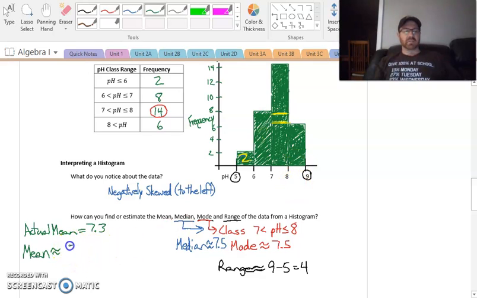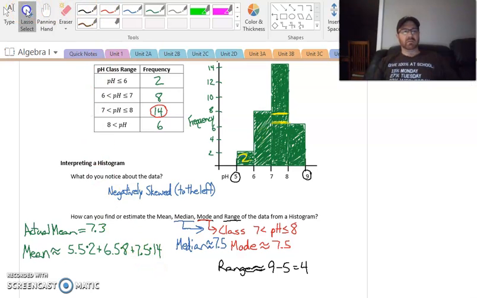So 5.5, there were 2 in that class. So it's going to be 5.5 times 2. Plus 6.5 is the middle of the next class, and there are 8 of those. Then we're going to add 7.5 times the 14 in that class.